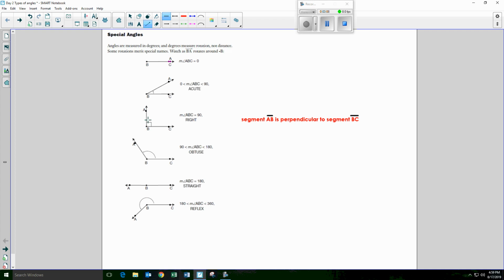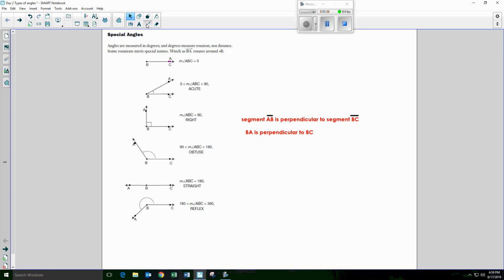I could have also called it a ray in this case, because it is a ray, but I can also start out with segment AB. But if I call it a ray, remember I have to start with the endpoint, so I would say, we'll write it out here, ray BA is perpendicular to ray BC. And notice I'm not writing the word ray.